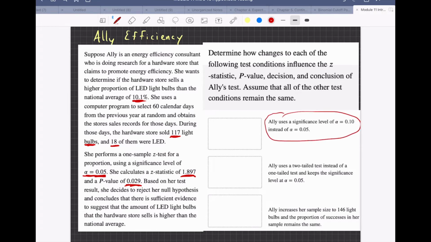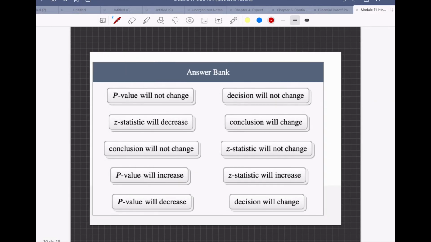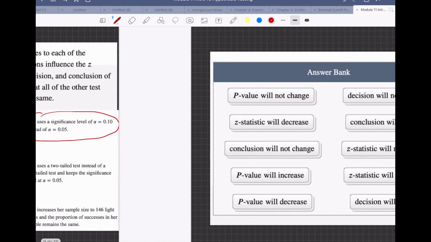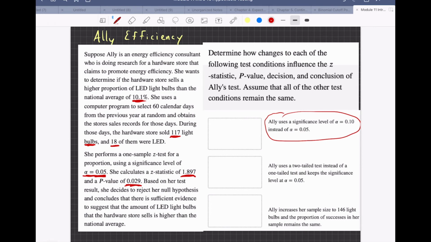What about if Ellie changes the level of significance to 0.10? In this case, notice, since the p-value is 0.029, well, first, you have to choose from here. I'm going to write down the answer, and then you can verify that these are answers from this answer bank. First, C statistic will not change.